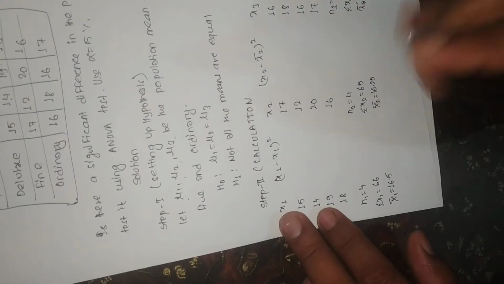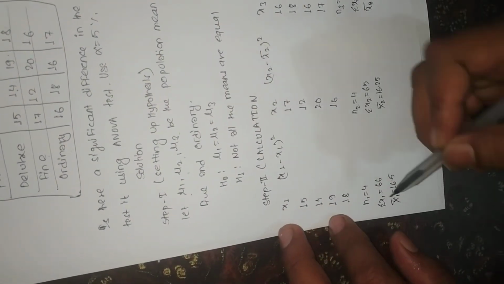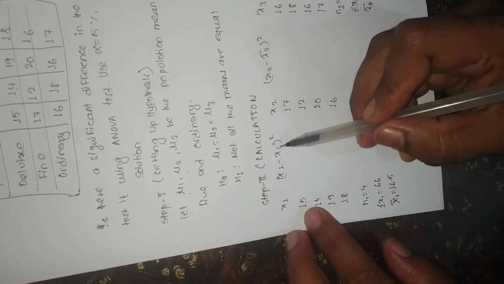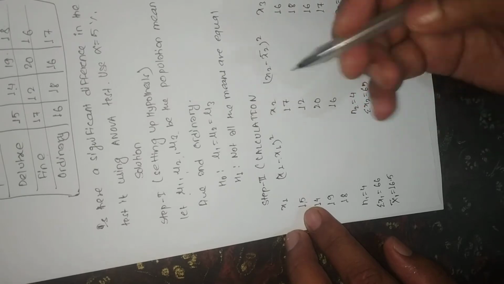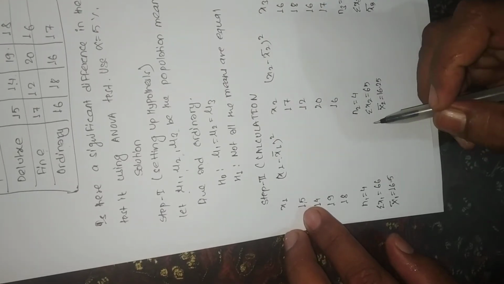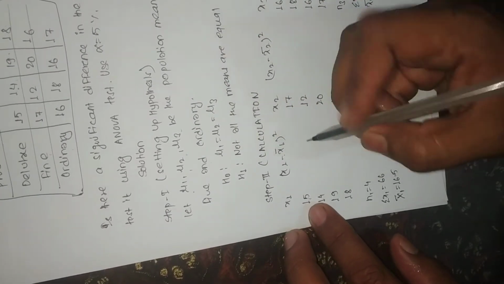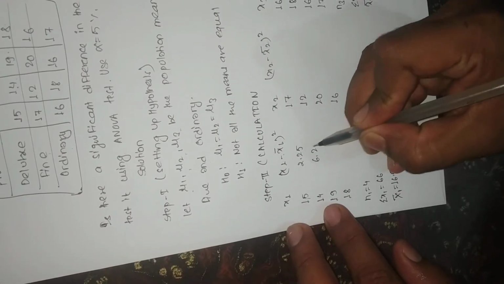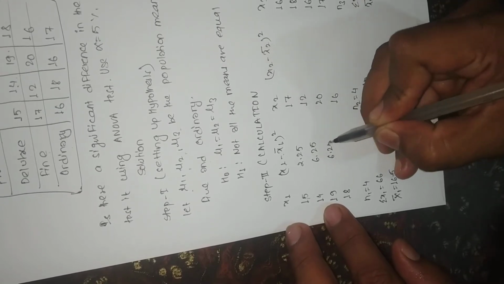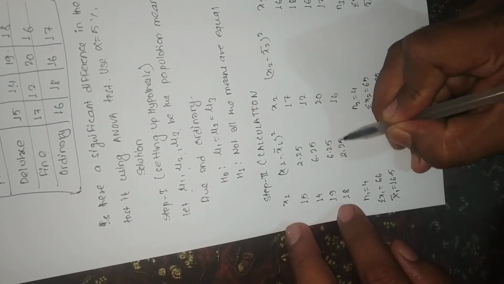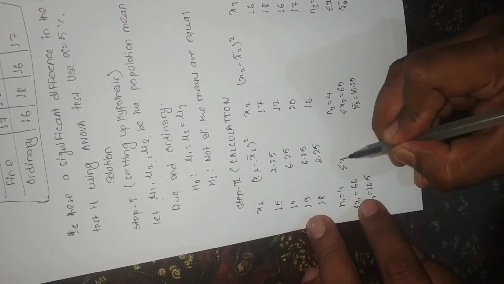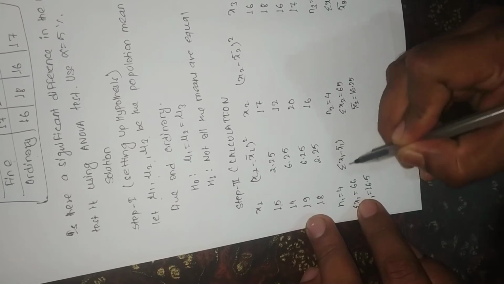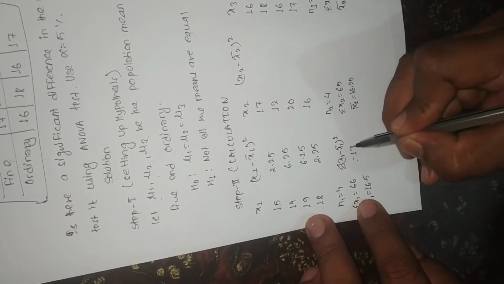Now we have to calculate x1 minus x1 mean whole square. Then we find the values 6.25, 2.25, and so on, and the summation of this will be 17.